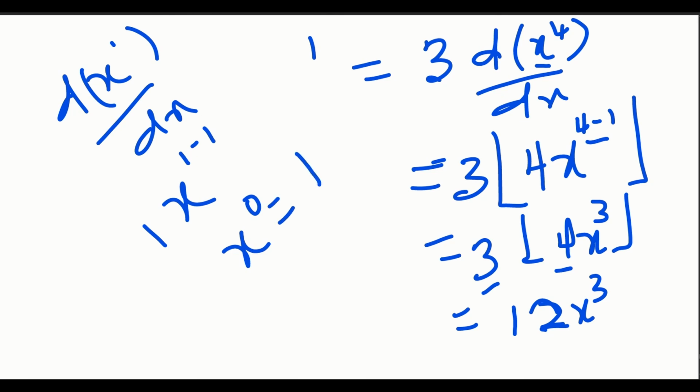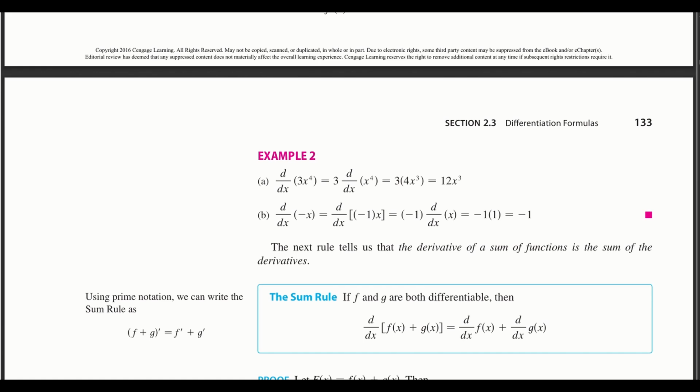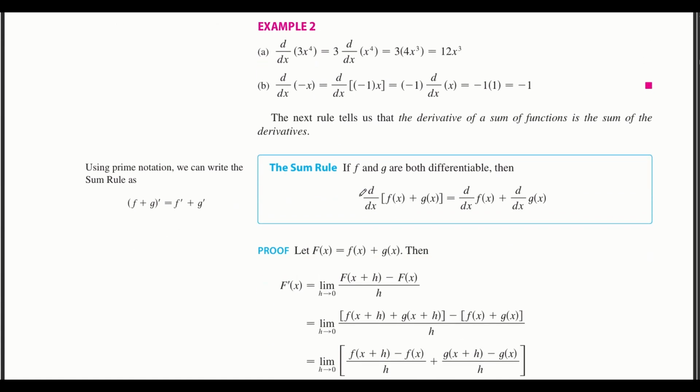And x raised to the power 0 is the same as 1 from indices. So that's what you see over there. Okay. Now that's just one rule. So from here on, anytime you see a constant multiplying a function, you should be able to do it easily.